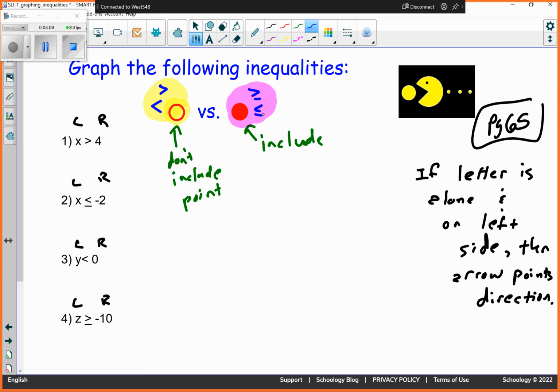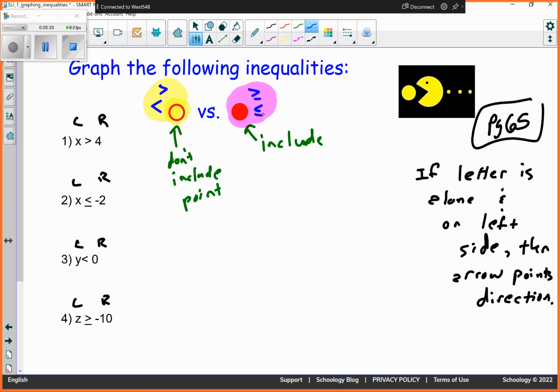All right, now, not knowing anything about the problems at this very moment, tell me if it's open dot or closed dot. Would this first one be an open or closed dot? You feel comfortable with that? What about the second one, open or closed?